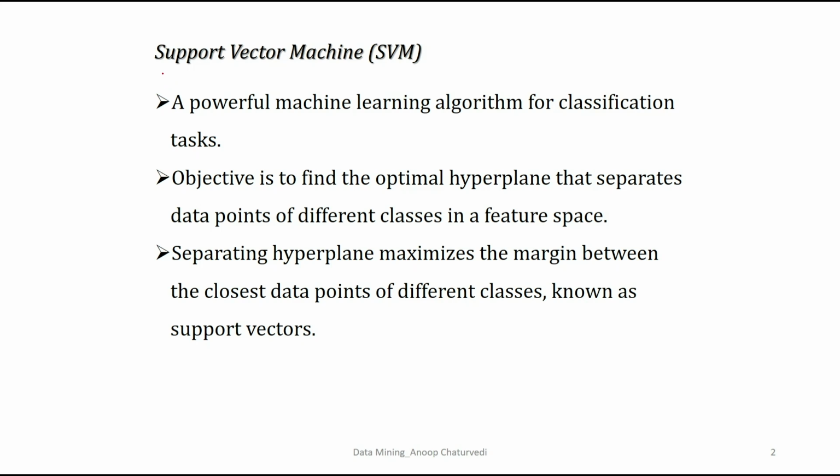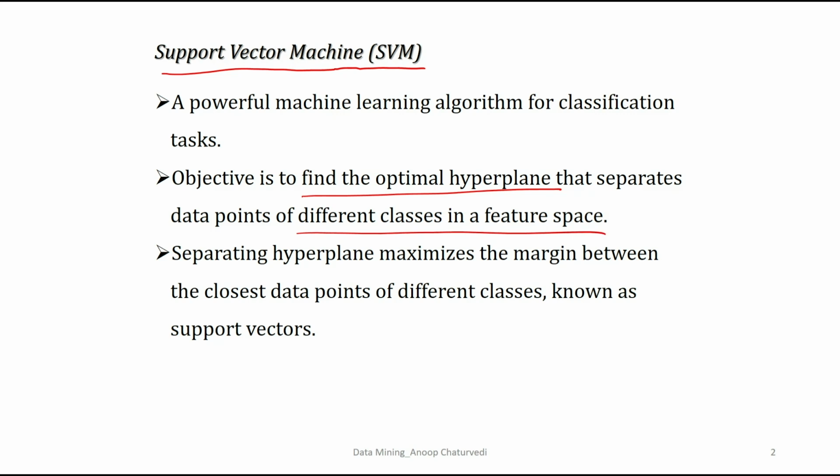So, now we consider support vector machine or SVM. This is a powerful machine learning algorithm for classification tasks, and basically what we do is find the optimal hyperplane that separates data points of different classes in a feature space.